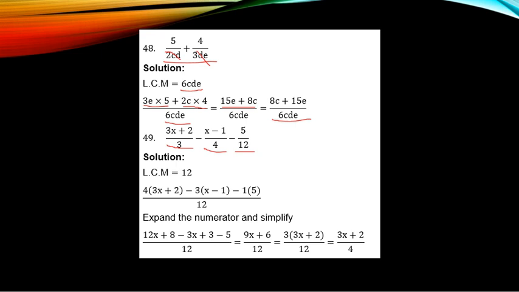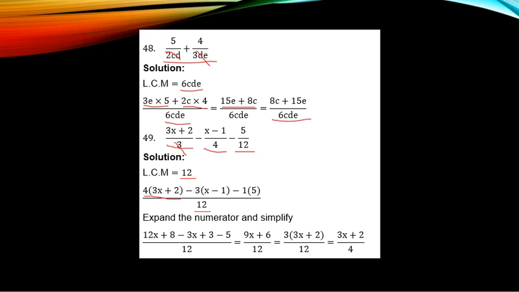So you find the LCM of 3, 4, and 12, and the LCM is 12. So you write down 12, divide 12 by the first denominator 3, you have 4 that will multiply the first numerator, and the numerator has 2 terms, so you put it in a bracket to enable you open the bracket later on.